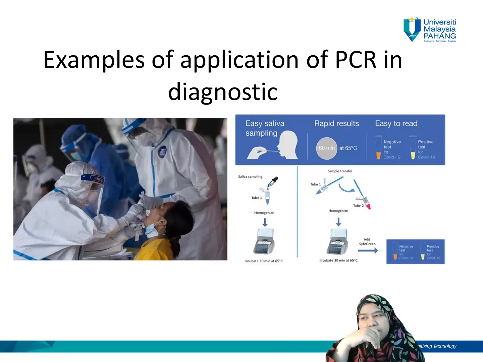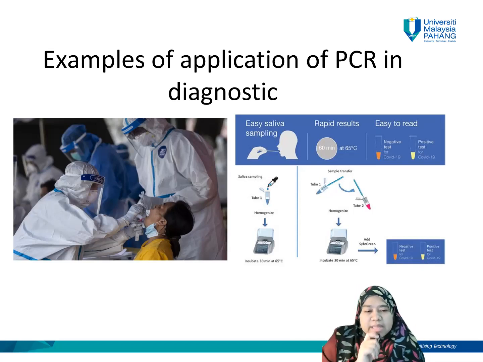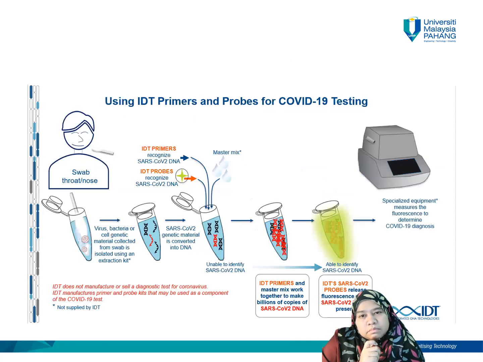Real-time PCR, of course, will cost more and require longer time, however, it is much more sensitive compared to the antibody or serotype testing. Okay, primers can be used in the PCR process, or as probes for detection.